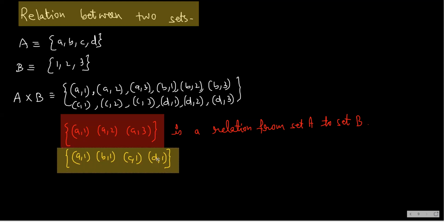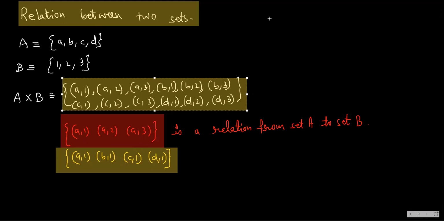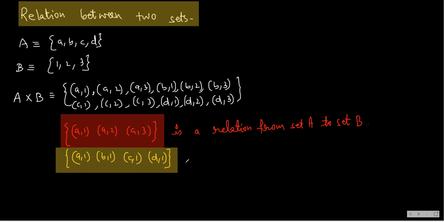Because all the elements in this set are there in A cross B. So I will say this set is a relation from set A to set B.